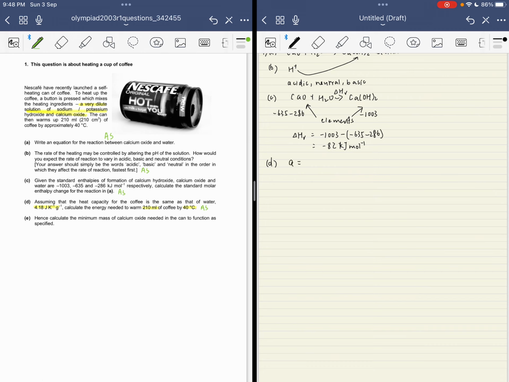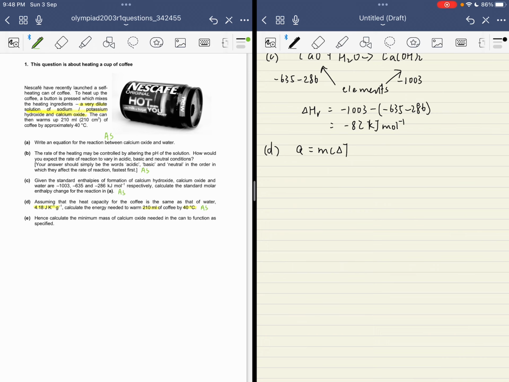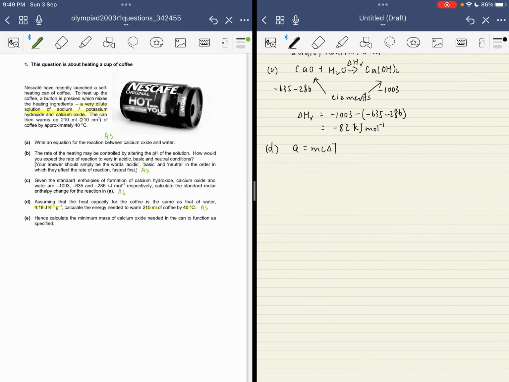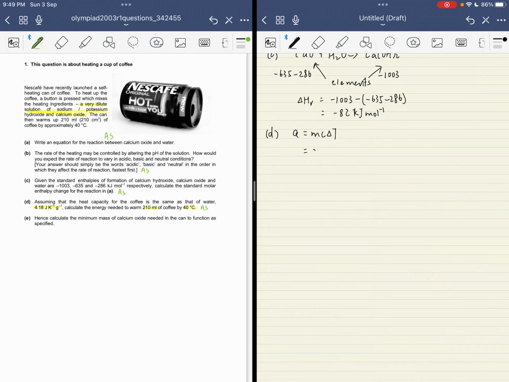In thermodynamics we calculate energy change by the equation Q equals mc delta T, where Q is the energy change, m is the mass of the substance that you are heating, c is the specific heat capacity of the substance that you are using, and delta T is the temperature change. So in this case it will be 2010 centimeter cube of coffee, which is assumed to be the same as water.